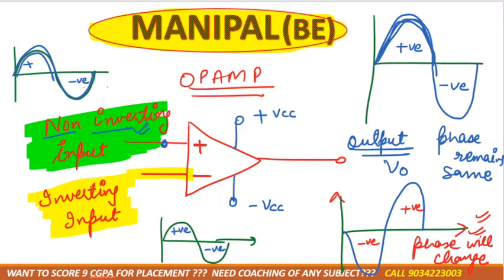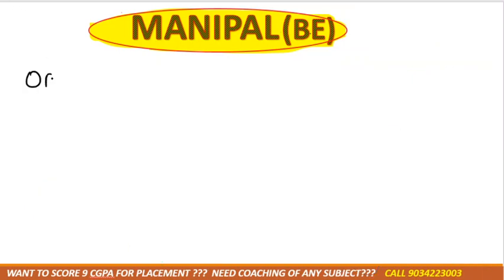Okay, this one is the op-amp symbol. So one by one we'll learn different types of op-amp, and we need to study the derivation as well as the numerical. Okay. So how many types of op-amp will we have which come in the exam?